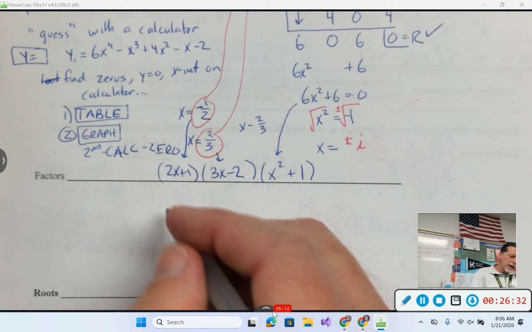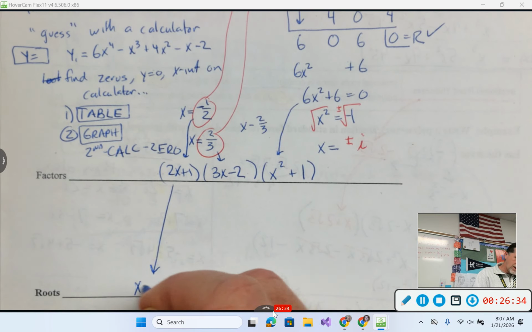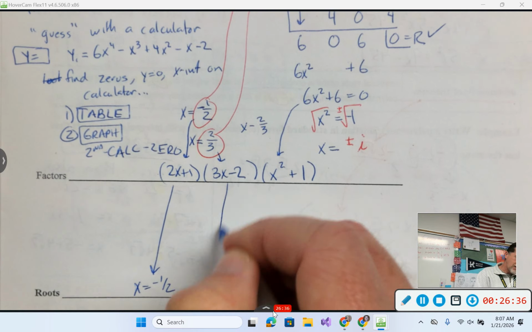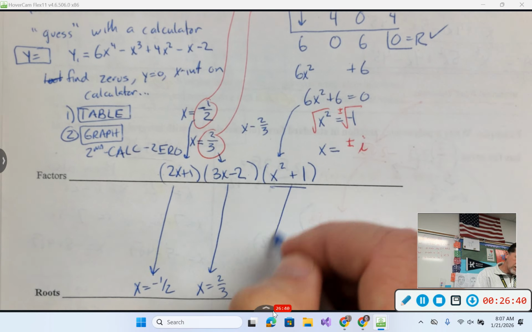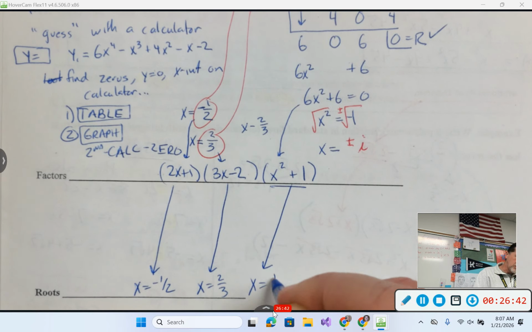And the roots we kind of already have, so x equals negative 1/2, x equals 2/3, and x equals plus or minus i.